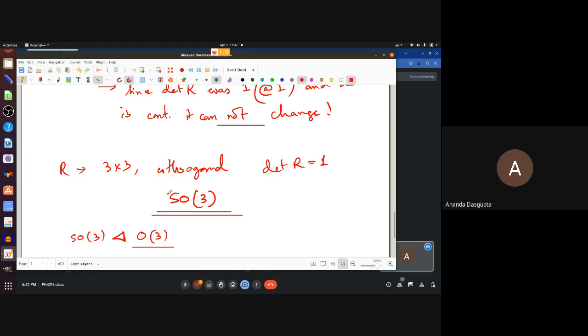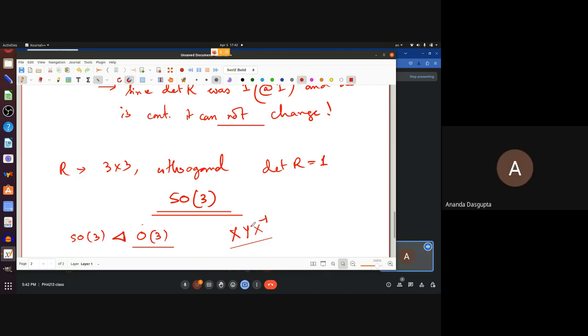How do you prove something is a normal subgroup? You take any element from O3, let's call that X. Take an SO3 element, let's call that Y, and form XYX inverse. If this thing is always an SO3 element, then SO3 is a normal subgroup. And you see why that's true? Take the determinant.